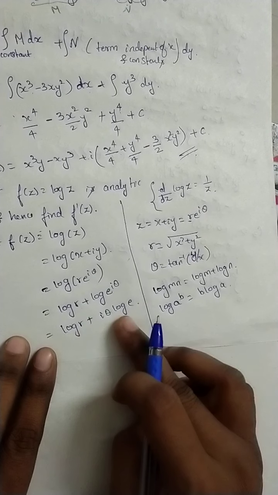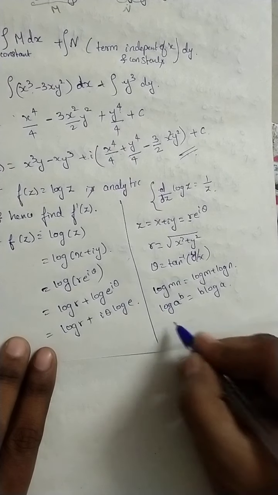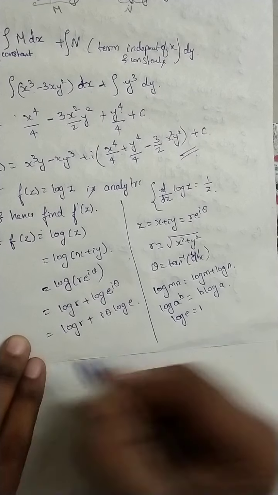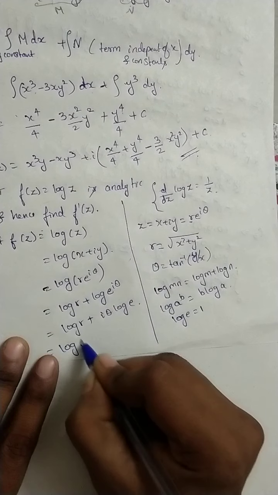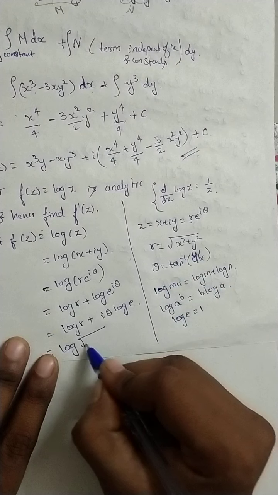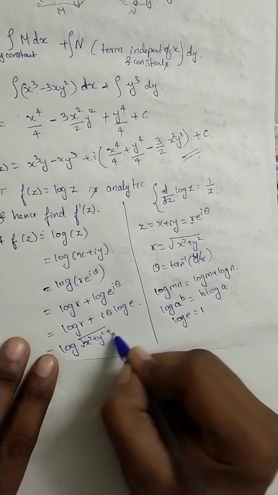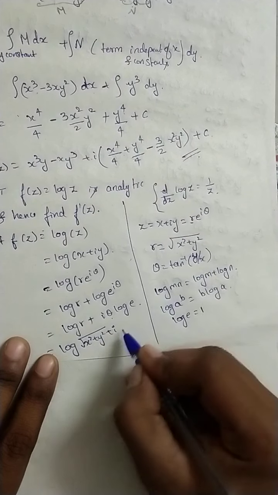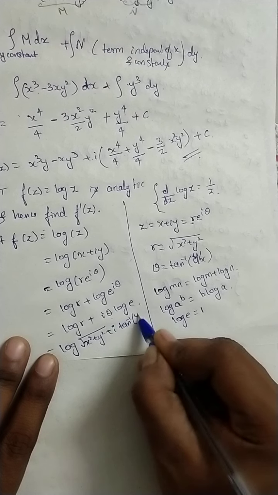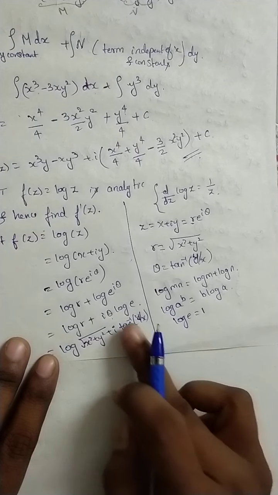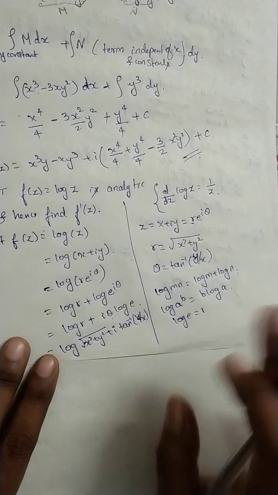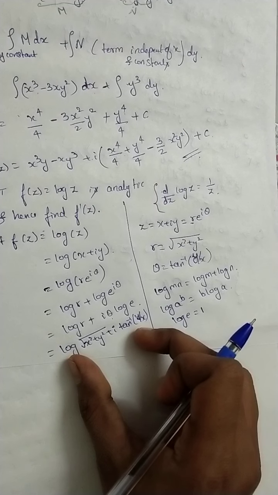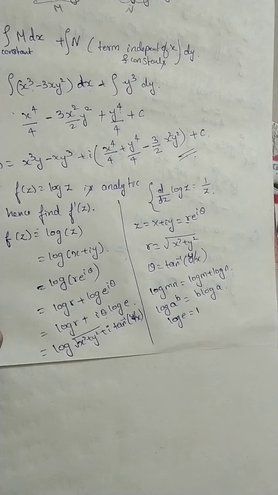Now we have to replace r and theta here, and log e value is 1. Okay, so when you replace it, log r value is root under x square plus y square plus i into, now theta value is tan inverse of y by x. Okay, and log e value is 1. So now we have to consider this one and we have to start solving.